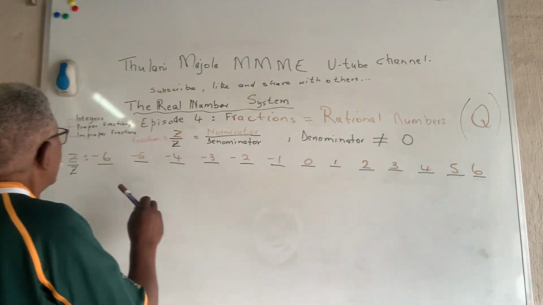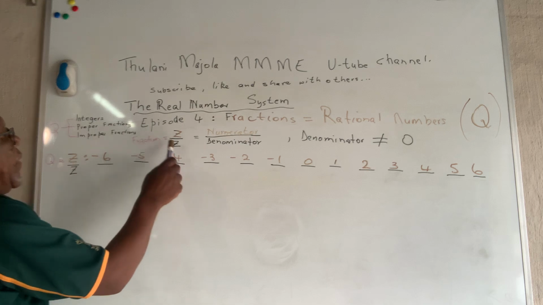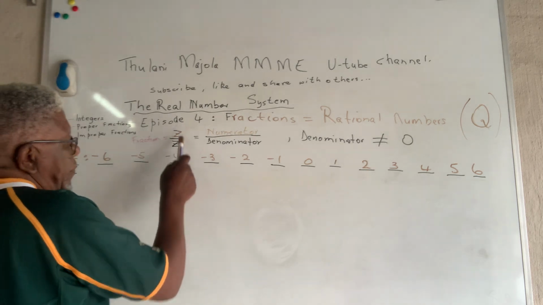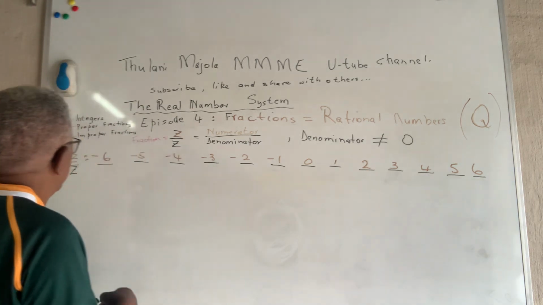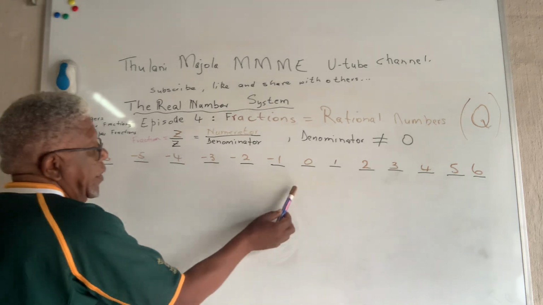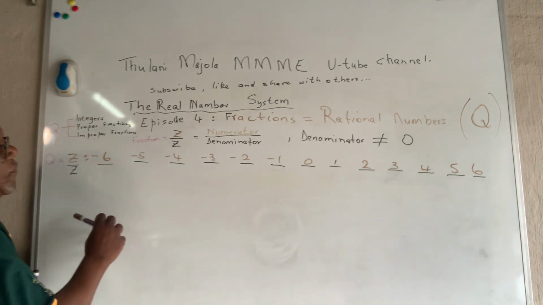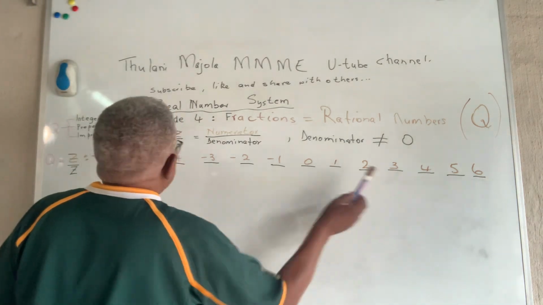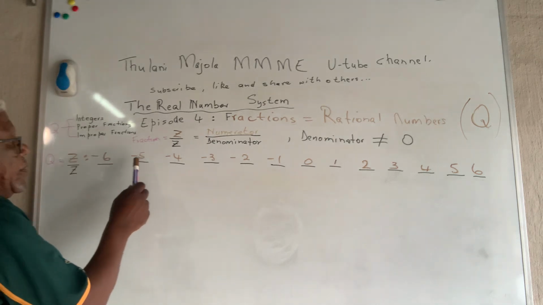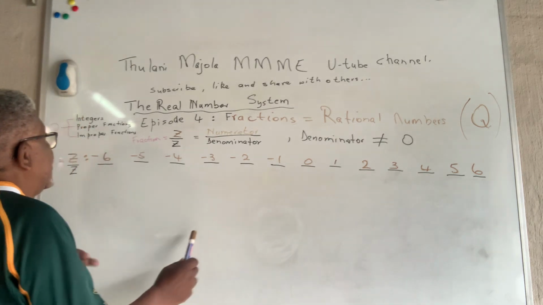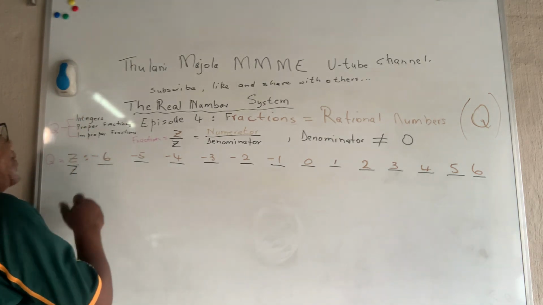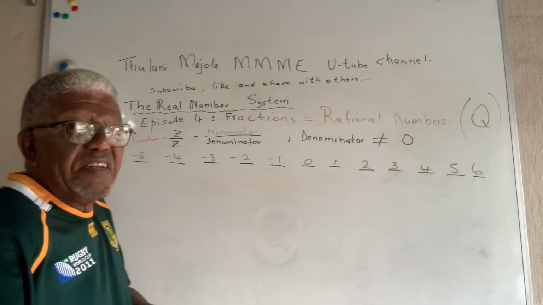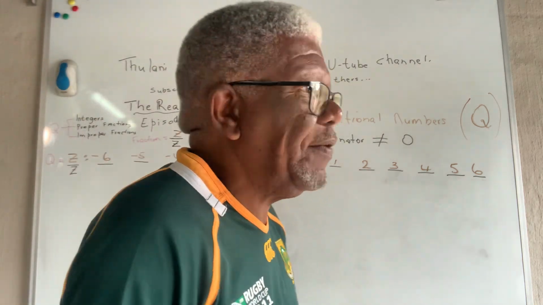Now, knowing that fractions are integer over integer, I've got the integers between -6 and 6, but they include -6. So all of those ones. So I would say integers between -7 and 7.